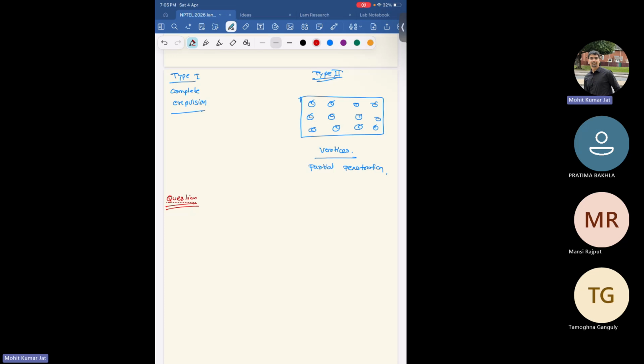The critical temperature of mercury with isotopic mass 200 mu is 5 Kelvin.